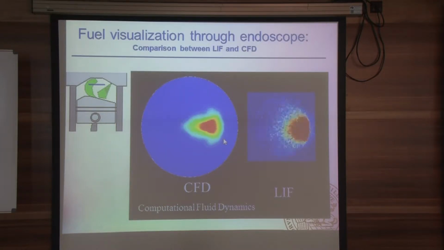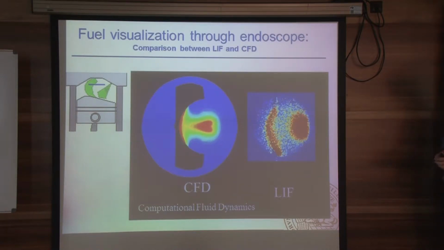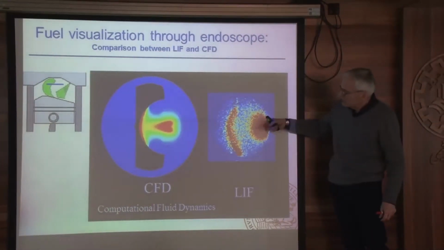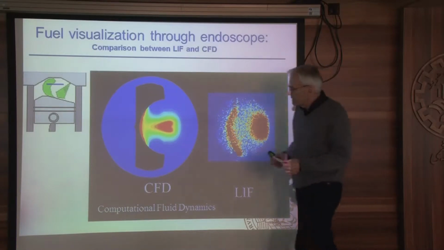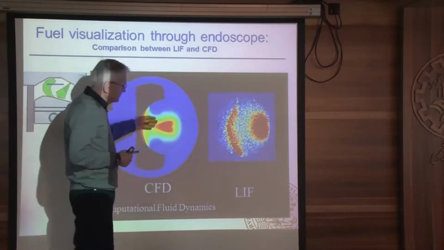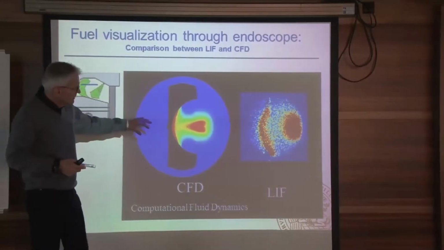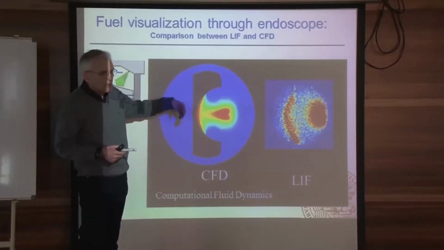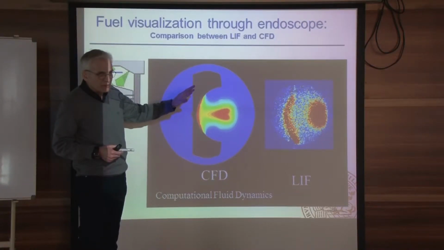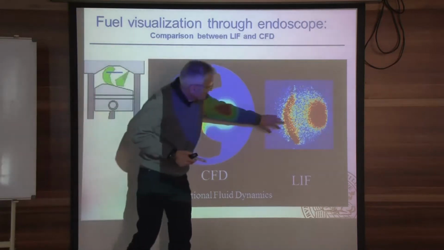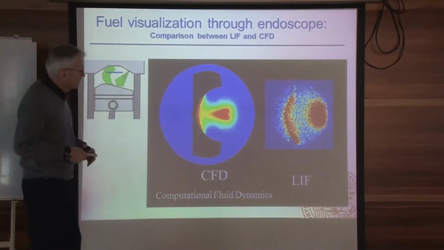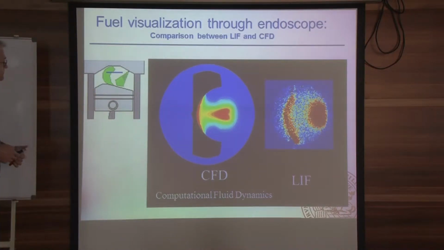So this is at different times, not recorded at the same cycle, but you could see a qualitative agreement, and as far as I understood, this helped the modelers at Volvo to improve their models of how the fuel was vaporized. Don't ask me the detail, but we provided this, and out of this they could improve their model for vaporization.